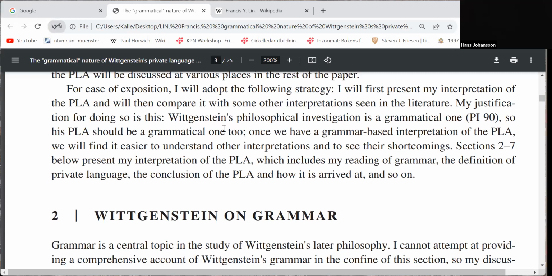Wittgenstein's philosophical investigation is a grammatical one. So his PLA should be a grammatical one too. Once we have a grammar-based interpretation of the PLA, we will find it easier to understand other interpretations and to see their shortcomings.